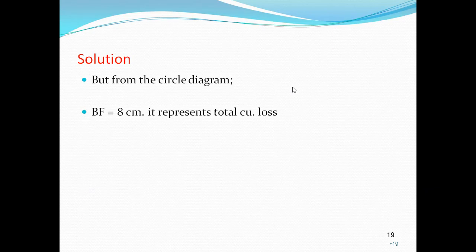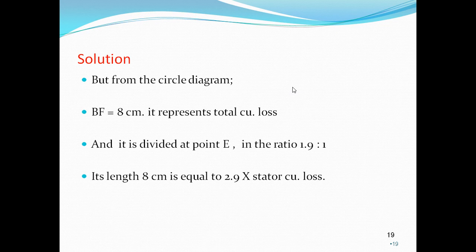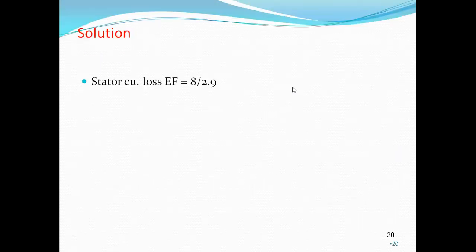He has given BF is equal to 8 centimeters. So divide this in the ratio 1.9 is to 1. If the length is equal to 2.9 into stator copper losses, then we can divide these two values as 1.9 is to 1.